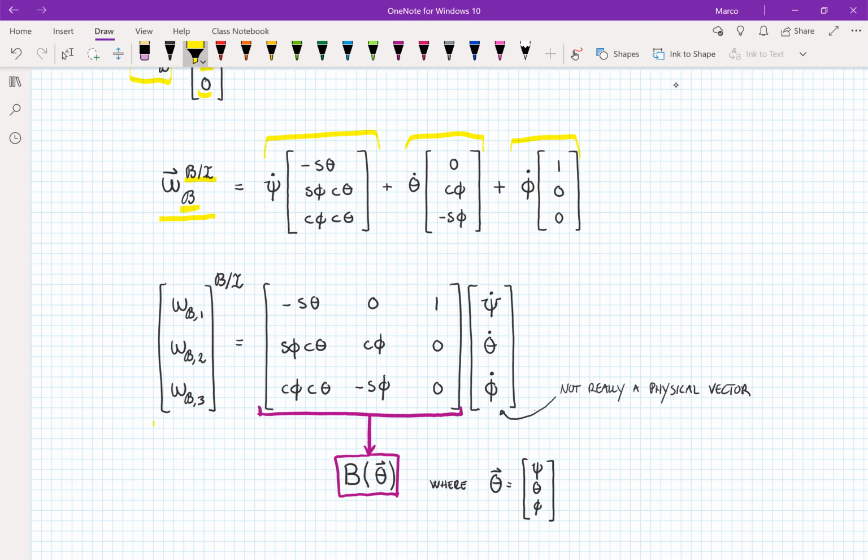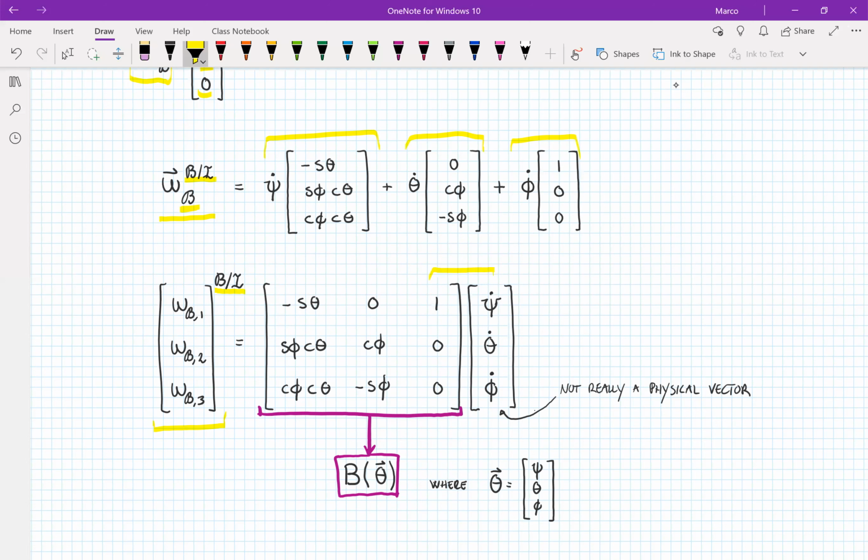So we have the angular velocity with three components: omega b1, omega b2, omega b3. These are the components, once again, of the angular velocity of the body frame of reference with respect to the inertial frame of reference. So we have these two elements in the right-hand side of this equation.